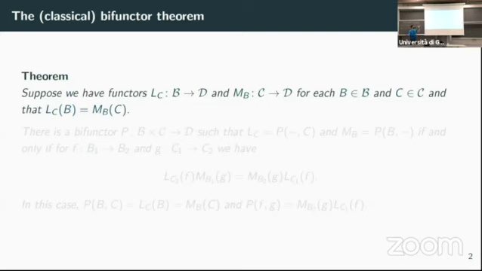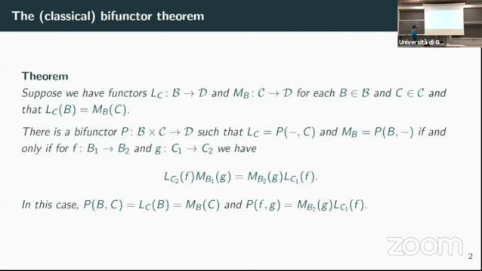So suppose we have two families of functors. One family goes from a category B to a category D, and another goes from C to D. The first family is indexed by objects of the second category, and the second is indexed by objects of the first. And they satisfy this compatibility condition on objects.